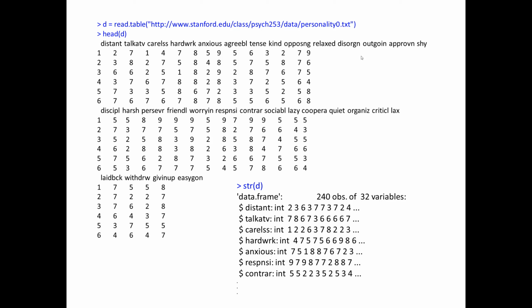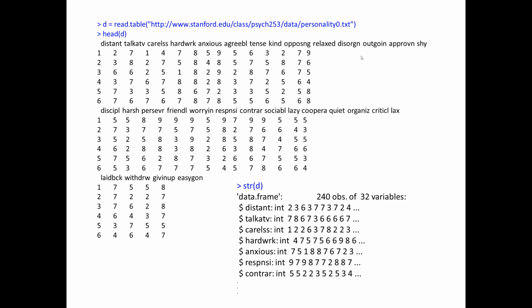So I'll go through steps in the process. And step one is, as usual, we start by loading the data and looking at the data. And I've summarized some of it on this slide. So you can see that there are quite a number of variables. The data looks to be integer, numeric data.